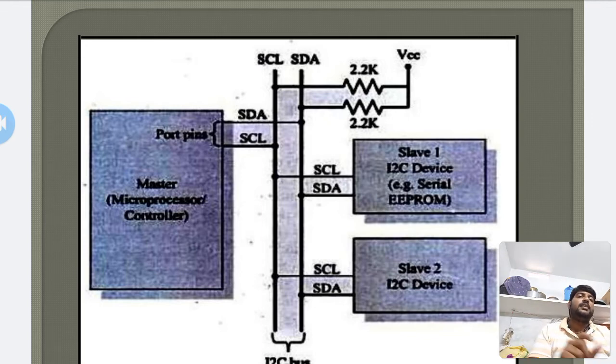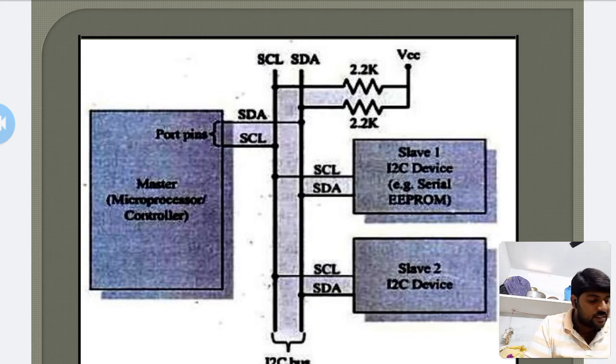SDA indicates serial data access and SCL indicates serial clock, which generates the clock pulses for the subsystems.